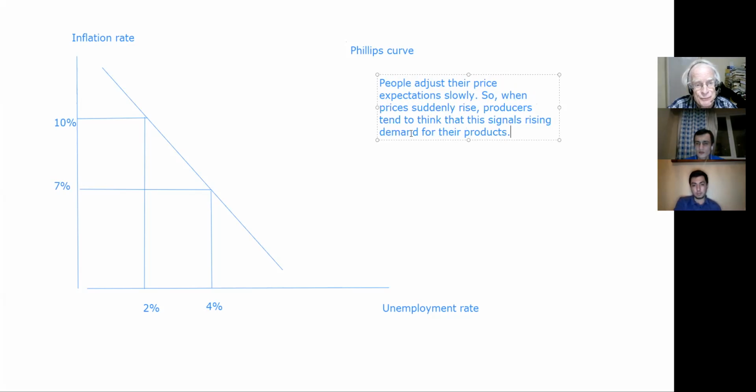If you find that at your hotel, your rivals are able to raise their room rates, you will say, good, people are going back on vacation. I will raise my hotel rates as well. So thinking that trends are good, they hire new workers.